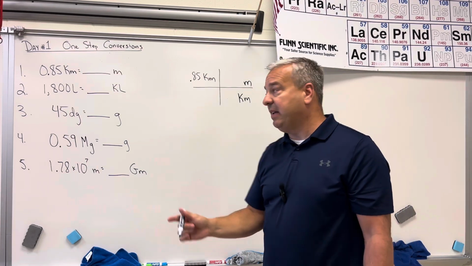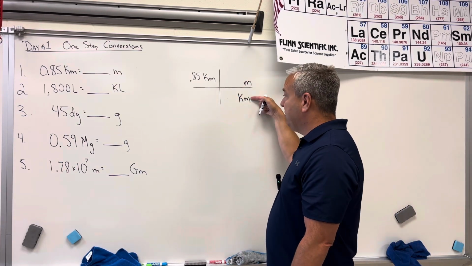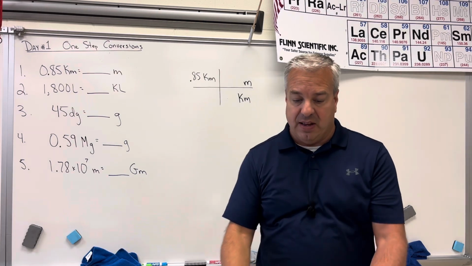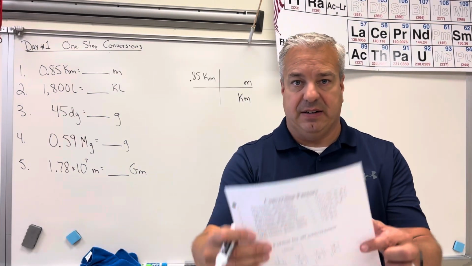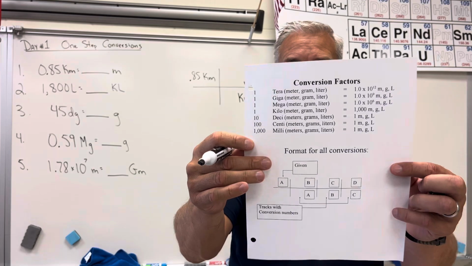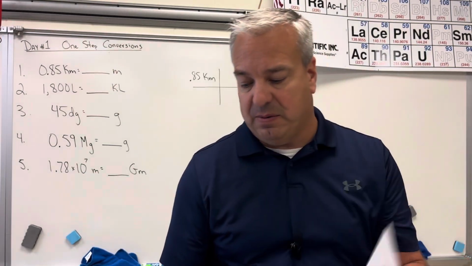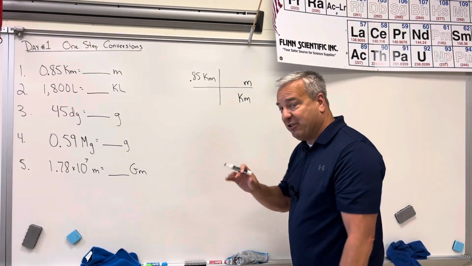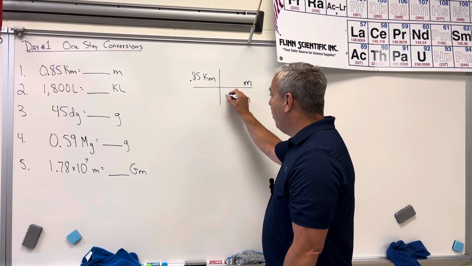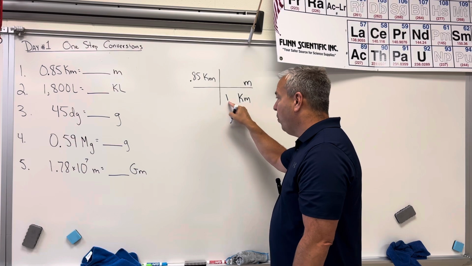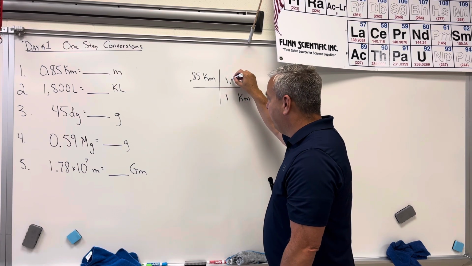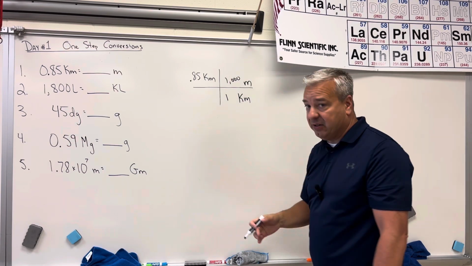Now, the next step is we have to put a conversion factor between kilometers and meters. That's where we're going to use this sheet to determine that. We're going to find that line that has kilometers. 1 kilometer is equal to 1,000 meters. So we have to match those numbers up, okay? 1 goes with the kilometer. There's 1 kilometer for every 1,000 meters.